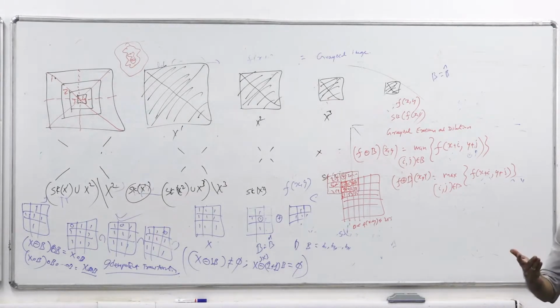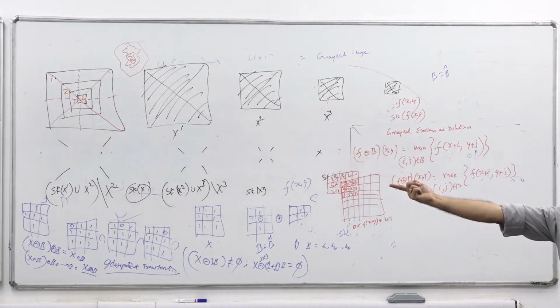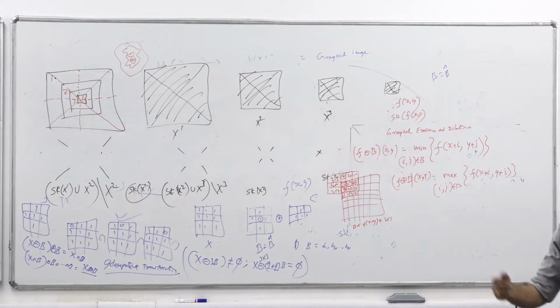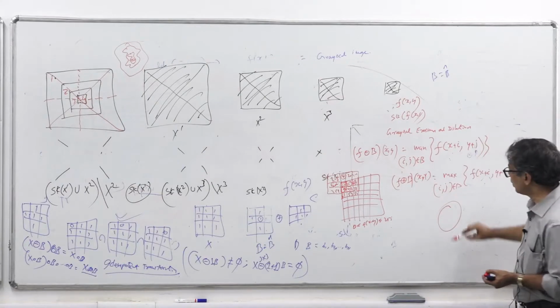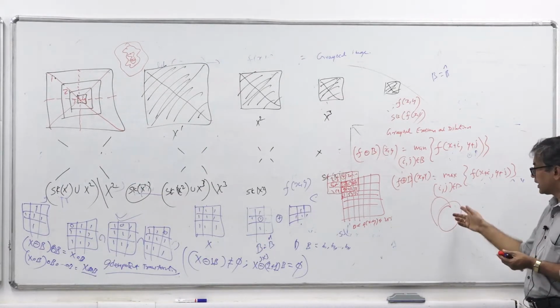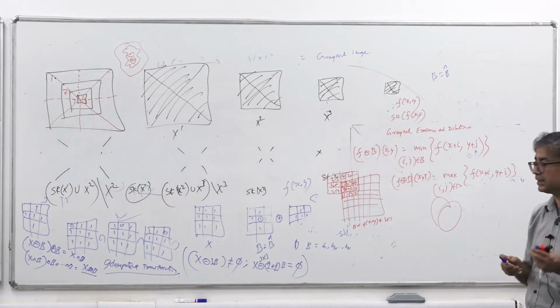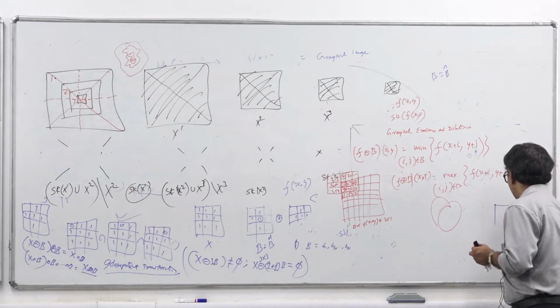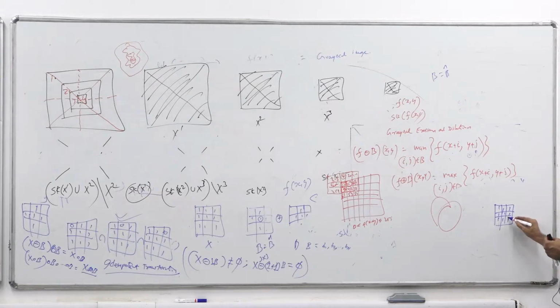To simulate that, you can tune your B. If this is the lake, and you know that it is getting flooded only in this direction, you can simulate that process by following a simple morphological dilation, where I will probably choose B like this, but with the origin here.